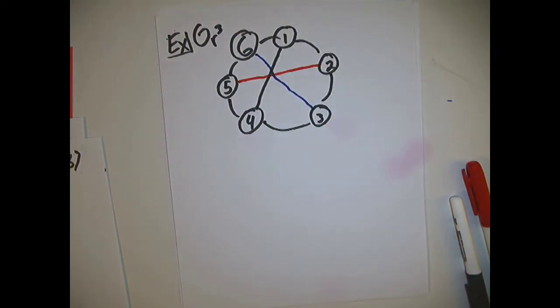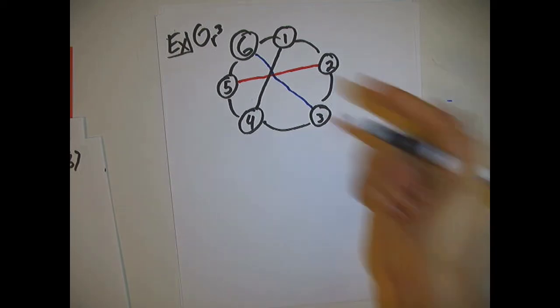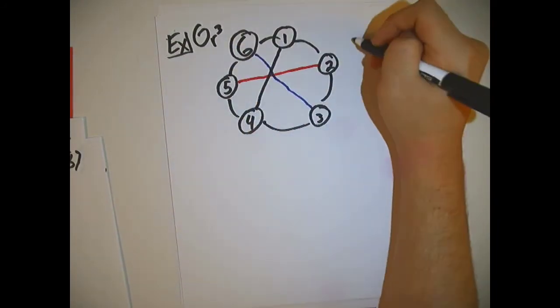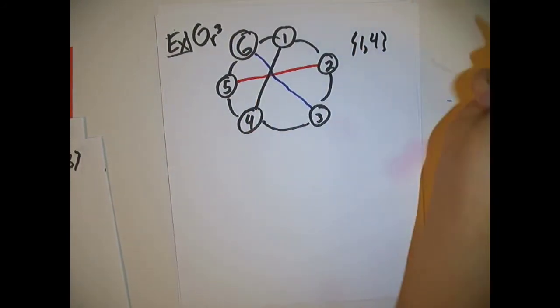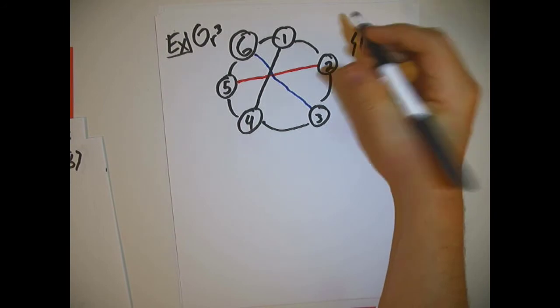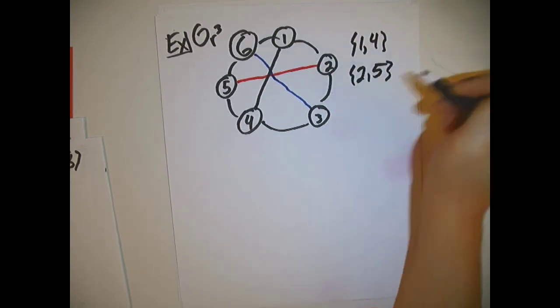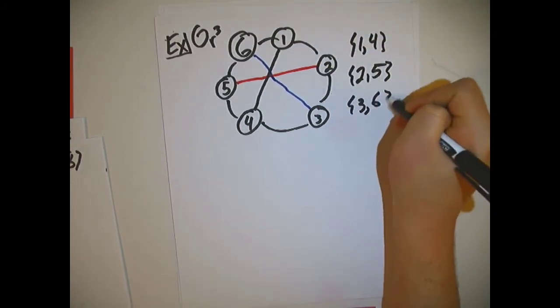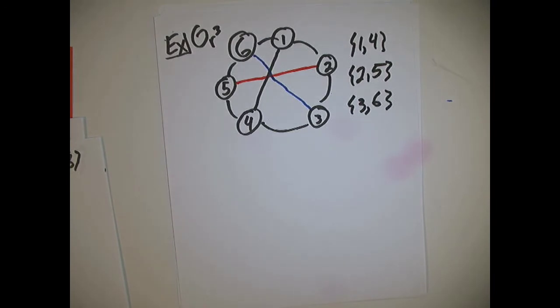So those are linked. So what that says is there are here 3 orbits under this symmetry. Namely, there is 1 and 4, and there are 2 and 5, and 3 and 6. Okay.